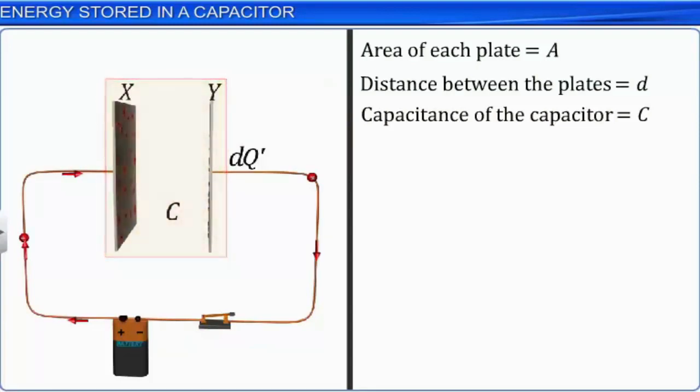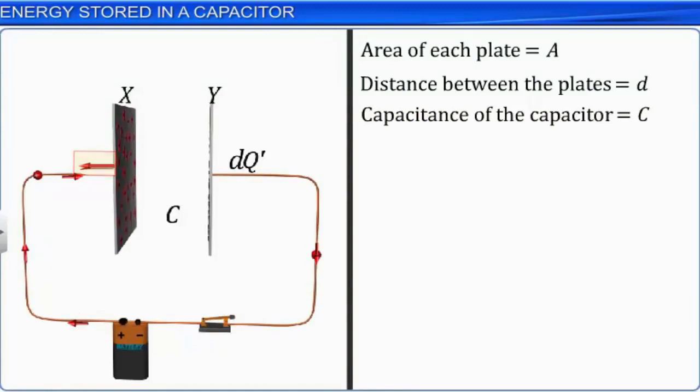In other words, we can say that there exists a force that repels the transfer of charge plus dq dash repeatedly to plate X. Therefore, as charge accumulates on plate X, this repulsive force on the charges being transferred increases, and hence the amount of work done to transfer charge also increases. This work is actually done by the battery at the expense of its stored chemical energy. The work done to charge a capacitor is stored as electrostatic potential energy, U, in the capacitor.